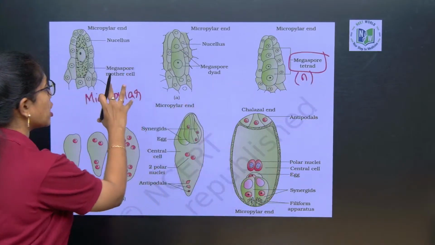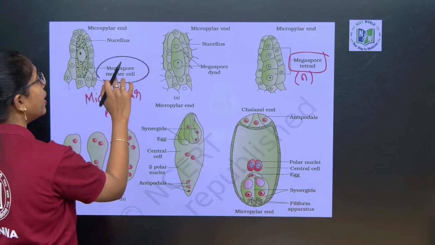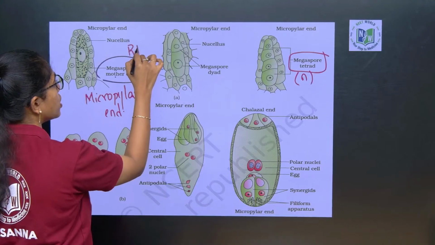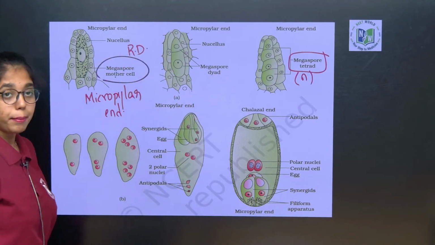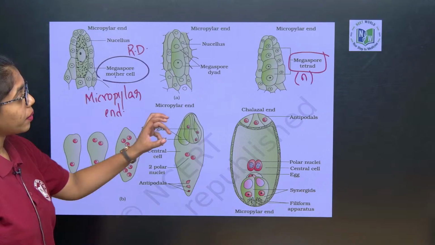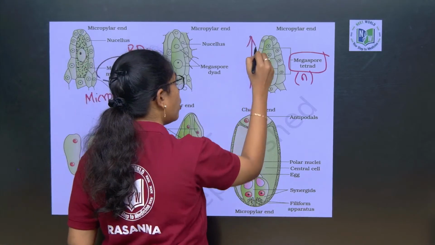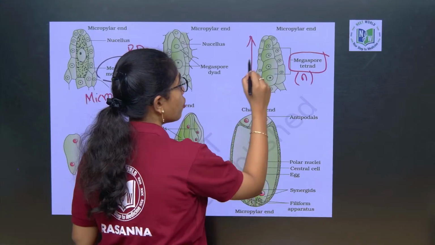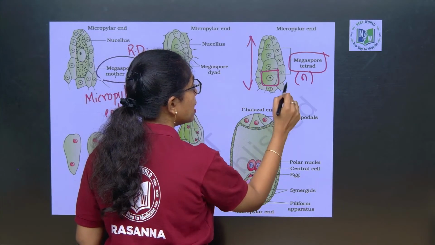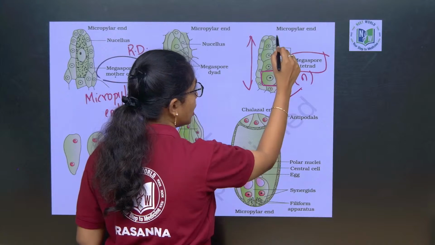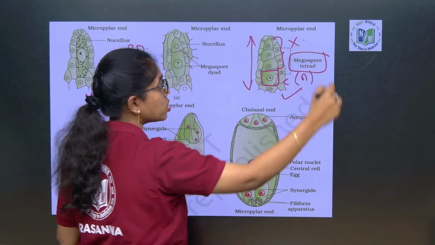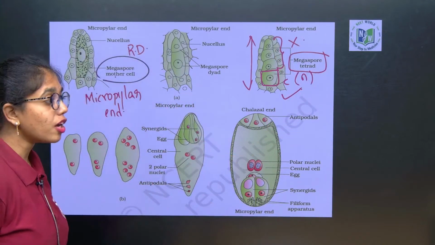Megaspore mother cell at micropylar end will undergo reductional division and form megaspore tetrad. Out of 4 megaspores which are linearly arranged, 1 megaspore which is towards the chalazal end is functional, the rest 3 megaspores will degenerate, they are non-functional.